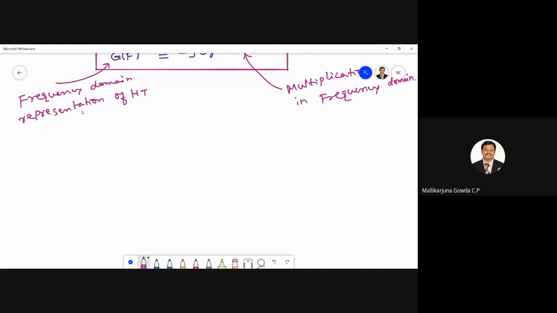To find the impulse response of the Hilbert transform, we'll be using the derivative property of the Fourier transform.